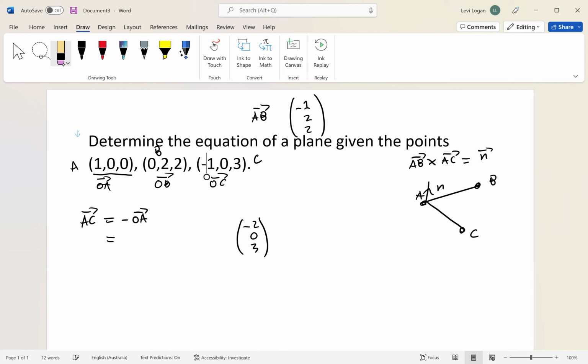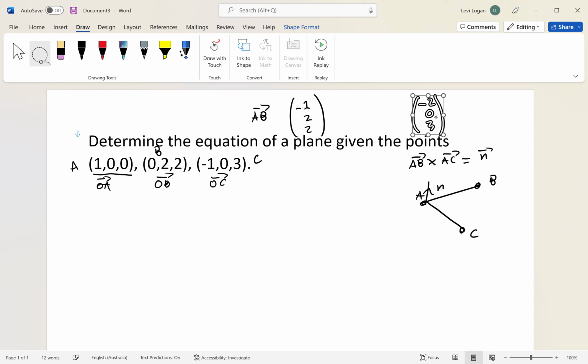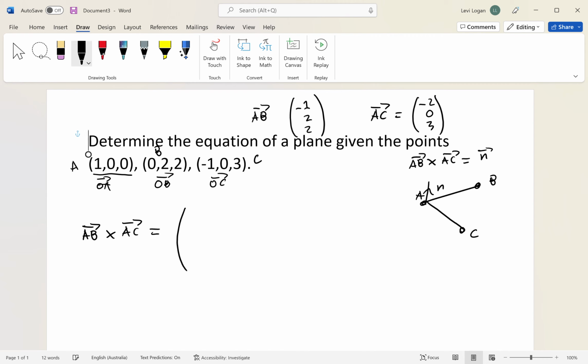Right, now that we've got both our vectors, we need to cross them. So when you cross two vectors, you basically put it in a 3 by 3 matrix, and then you find the determinant of each of the parts. So AB crossed with AC, you put it in a 3 by 3 matrix with the vector components on the top row up here.